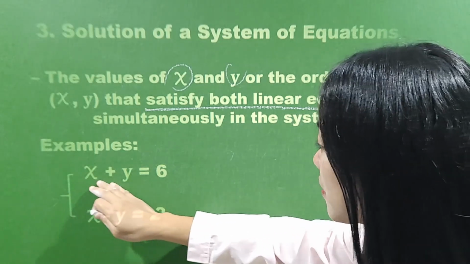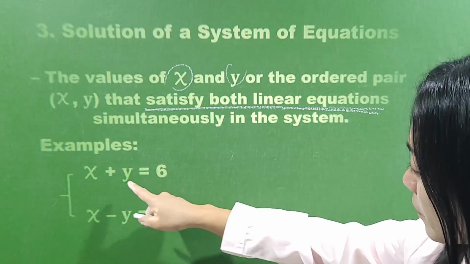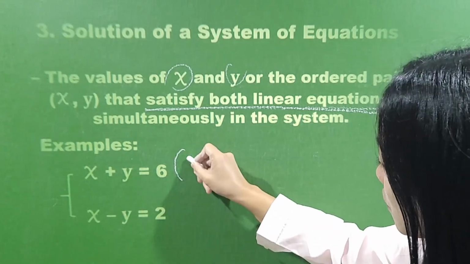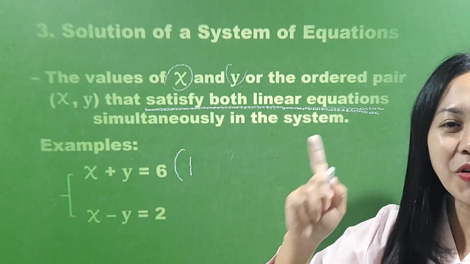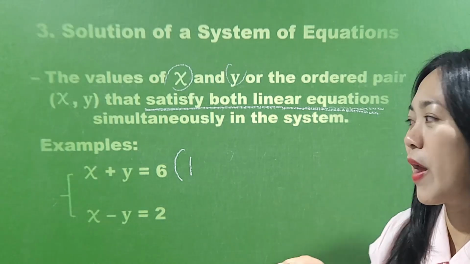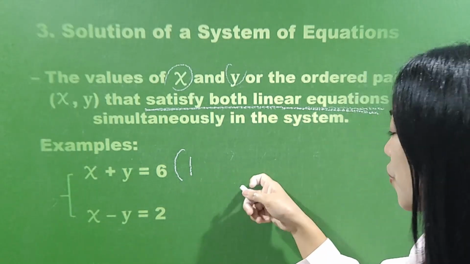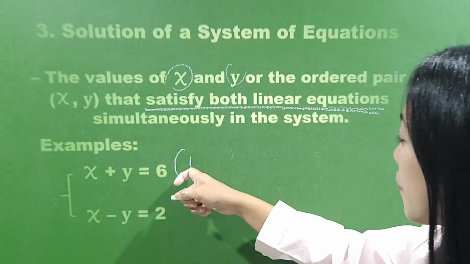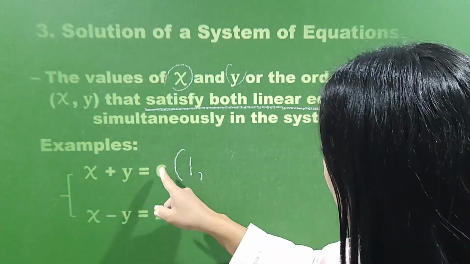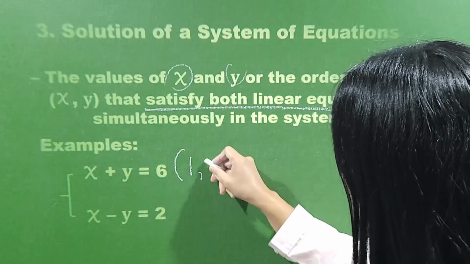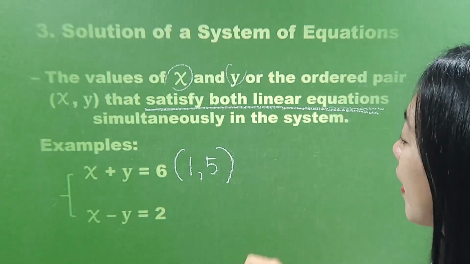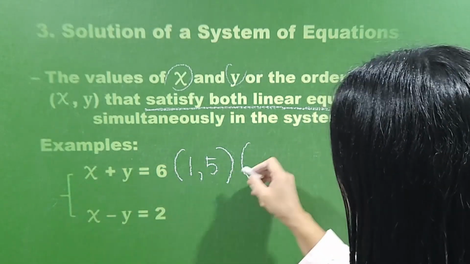Let's start with x plus y is equal to 6. Let's say x is 1, because take note, natural numbers start with 1. So 1, 2, 3, and so on. If x is 1, then this is 6 minus 1, so our y is 5. What about if x is 2?